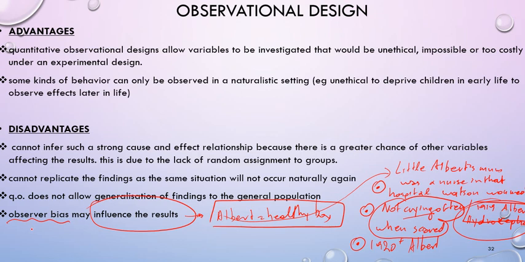Also, when people are observed, they know that they will give results and answers that are socially desirable. It's the idea of the demand response. I'm responding with what I think they want to hear.